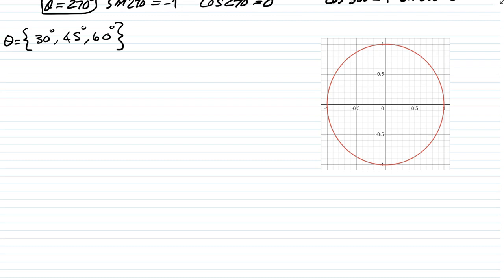So let's begin with our 30 degree angle. This is kind of how the 30 degrees is going to look. Right in there. Okay, so suppose that's 30 degrees. Here's the measure of angle theta equal 30 degrees.